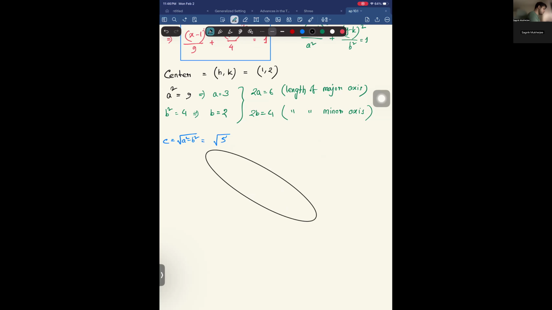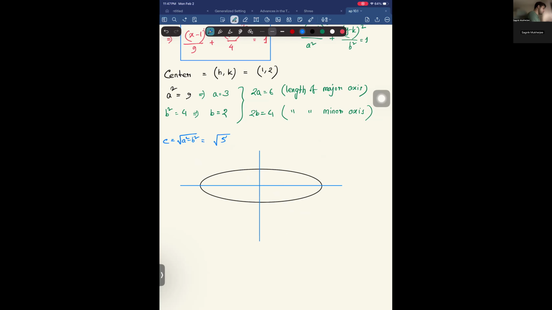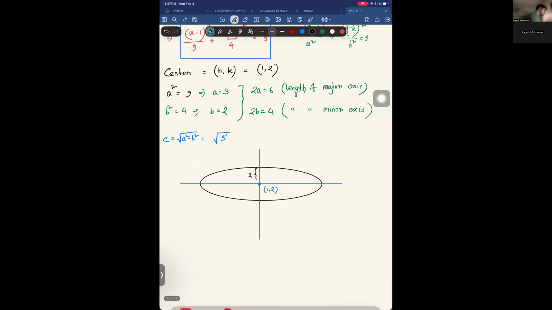Oh, okay, this is not too bad. So minor, major. Also, this is the center, which is 1, 2, right? This length is b, which is 2. This length is 3, right?